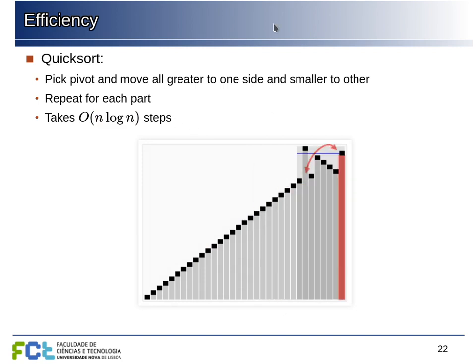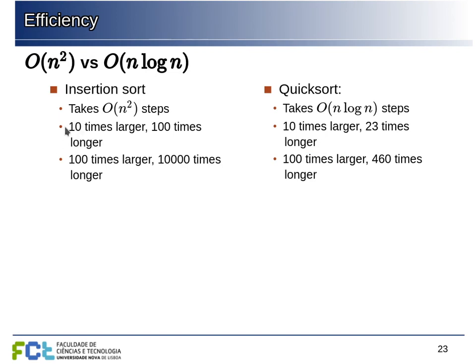Now, this can make a big difference, because if we have a set of values that is 10 times larger, then something that is proportional to the square of the number of elements will take 100 times longer. If it's n log n, in this case of Quicksort, it will only take 23 times longer. If it's 100 times larger, then with this quadratic time complexity, it takes 10,000 times longer, but with n log n, it takes 460 times longer.